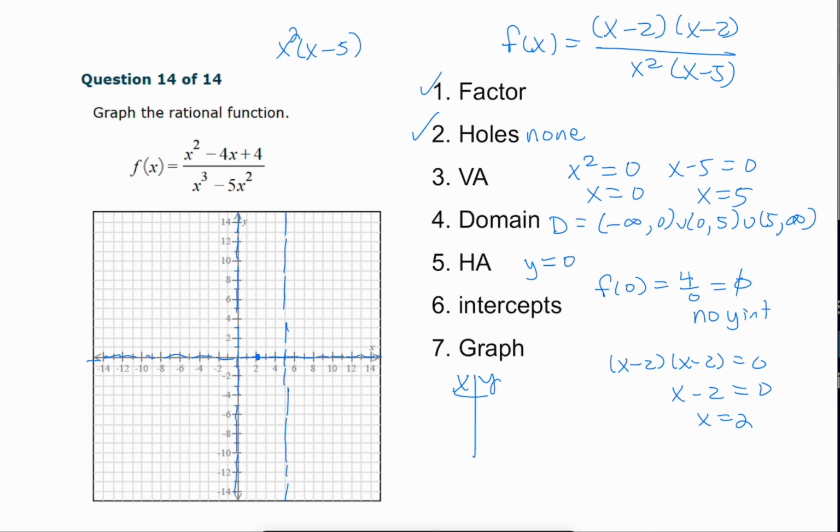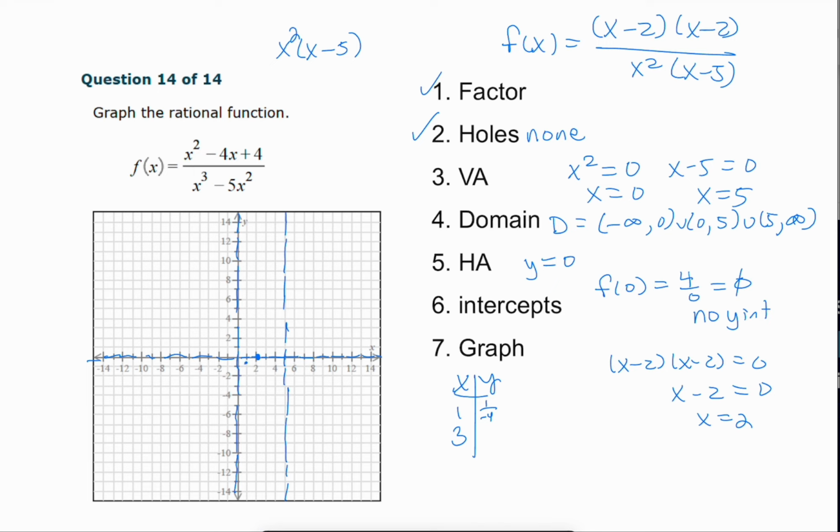So to figure out where the pieces go, it's going to bounce. So it's either going to bounce like that, or it could bounce like that. We've got to figure out which. So let's plug in 1, and let's plug in 3. If you plug in 1, you get 1 over -4, so -1/4.